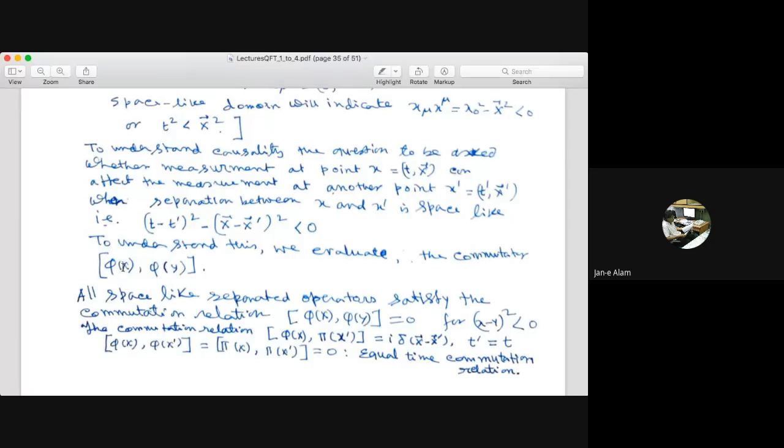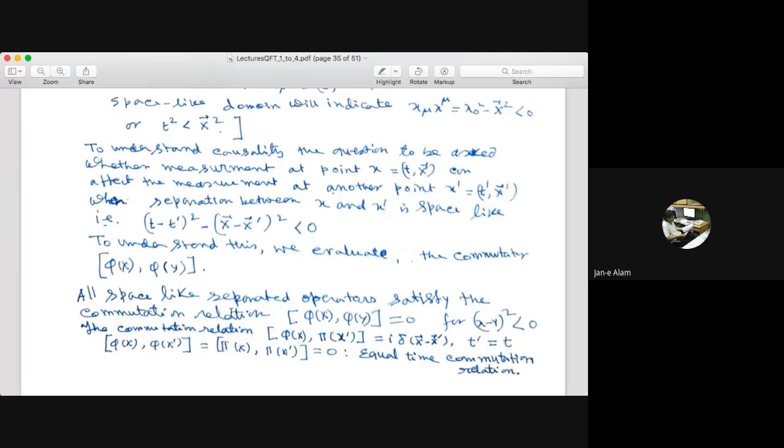So we want to see whether this commutator of phi x and phi y, where x and y are separated by a space-like domain, is zero or non-zero in the space-like domain.